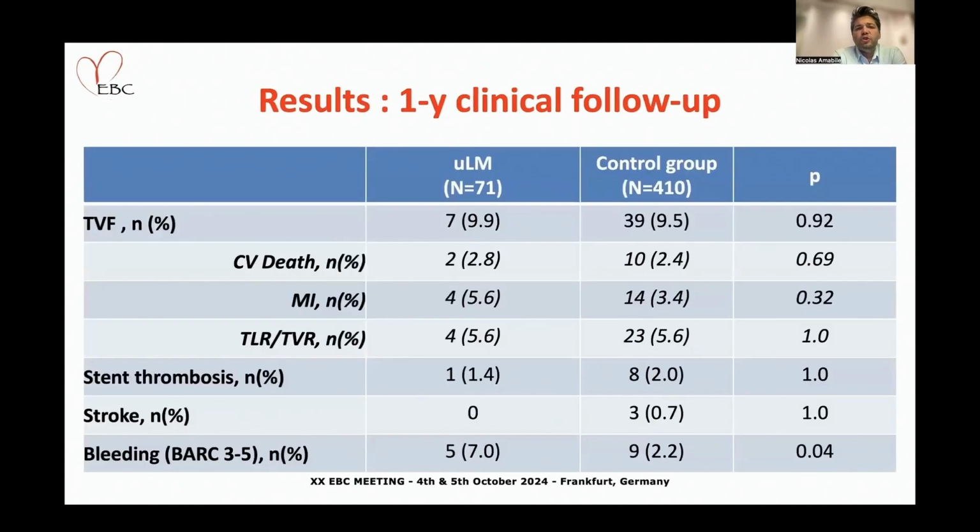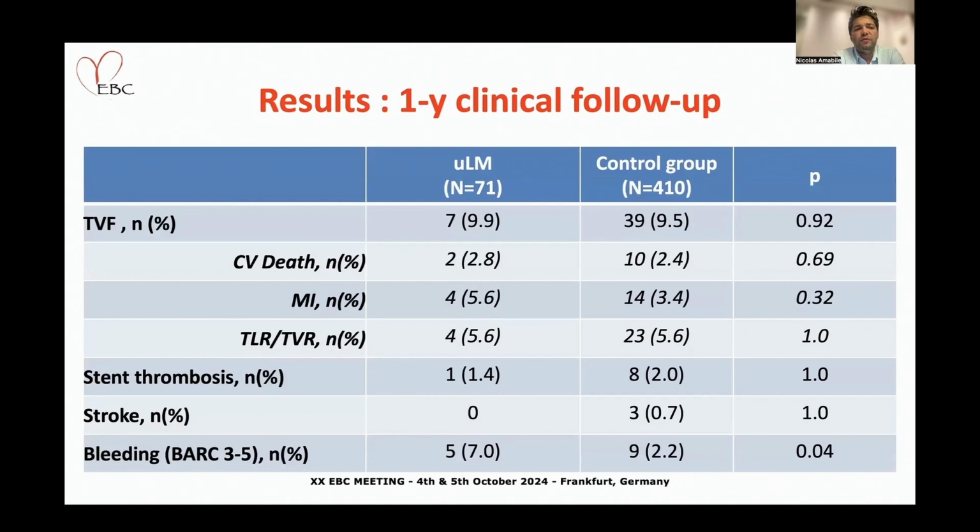This slide shows you the one-year clinical follow-up of the patients, and you see that the incidence of the TVF over the first year was 9.9% in the unprotected left main patients and 9.5% in the control group. Once again, no significant statistical difference.